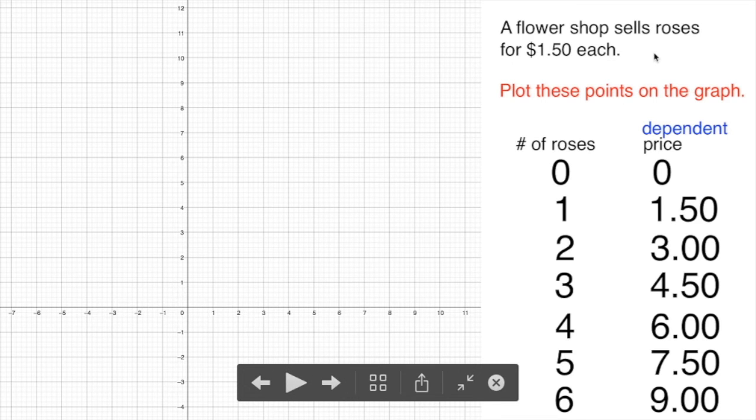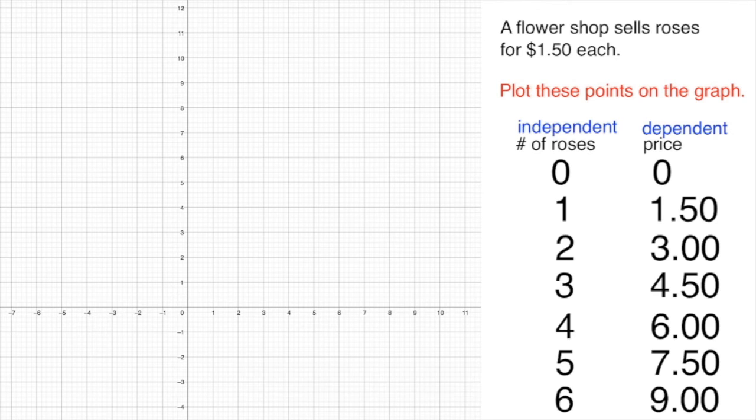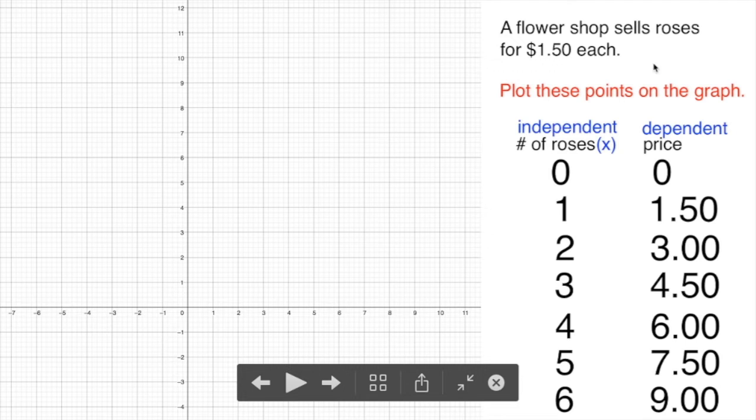The number of roses, therefore, is independent. And the standard way of writing it is always that the independent variable is your x and your dependent variable is your y. So the independent variable goes down here and the dependent variable goes up here. So number of roses on the x-axis, price on the y-axis.